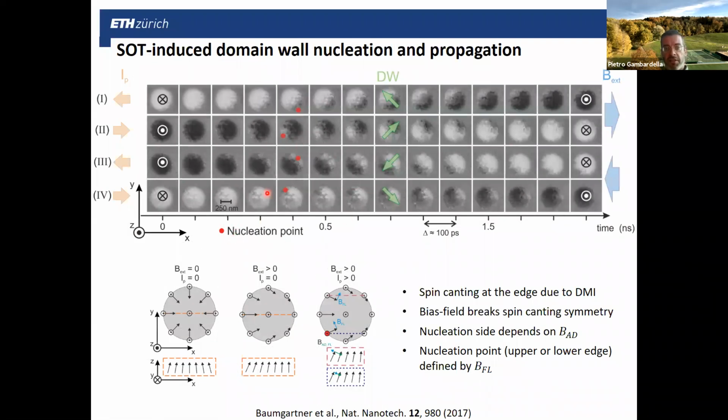Okay, I'll skip that. There are interesting things to say about how this reversal actually occurs by nucleating a domain always in the same position and propagating a domain well always in the same direction. But I'll skip that for reasons of time.